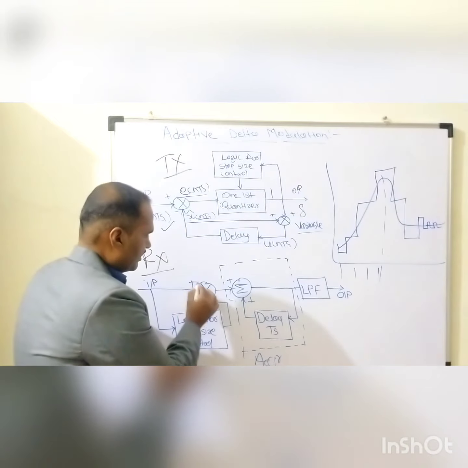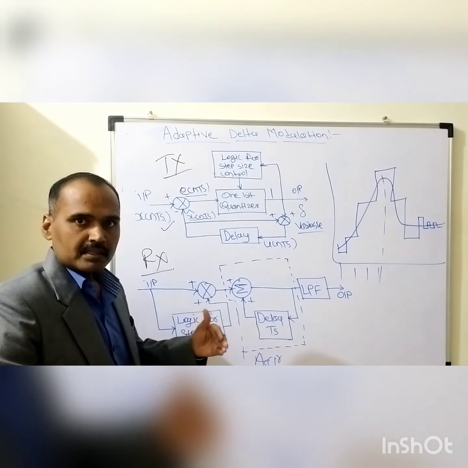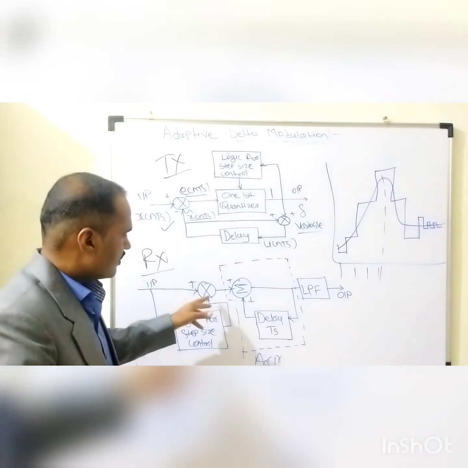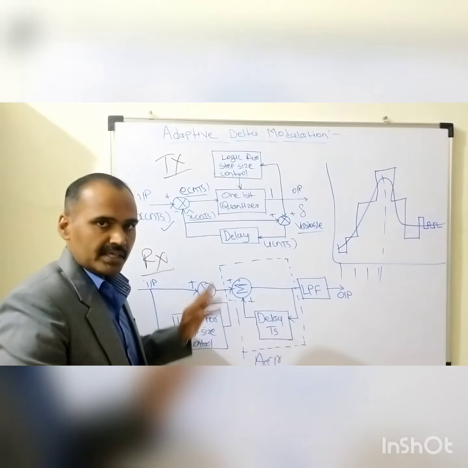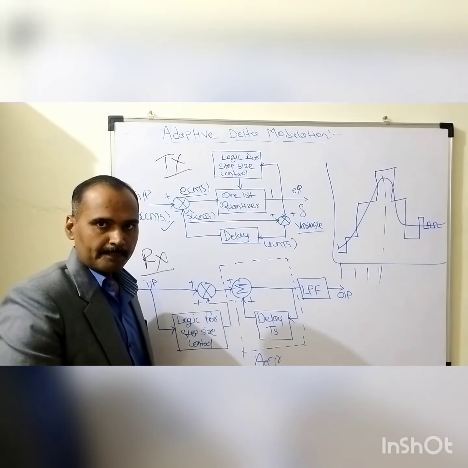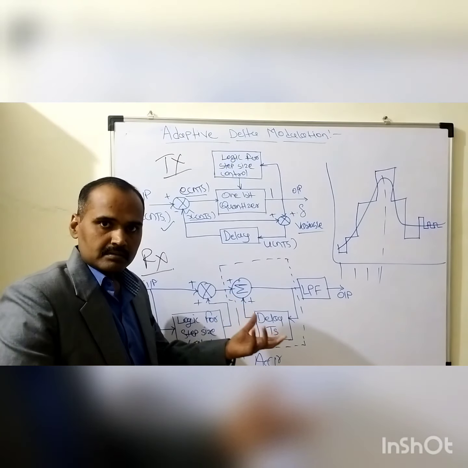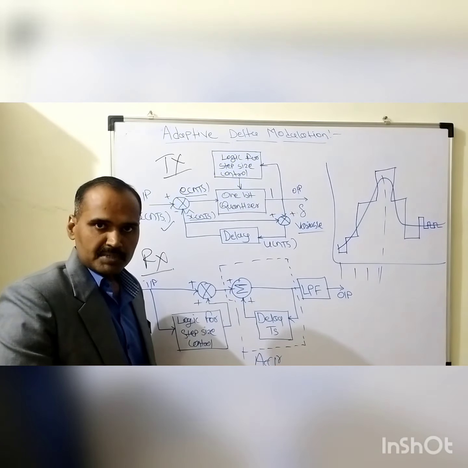Again, this comparator works as an adder. The first input of that comparator is nothing but the step signal. The output of this comparator is being given to one of the inputs of this another adder here, to develop the envelope of the staircase approximated signal.